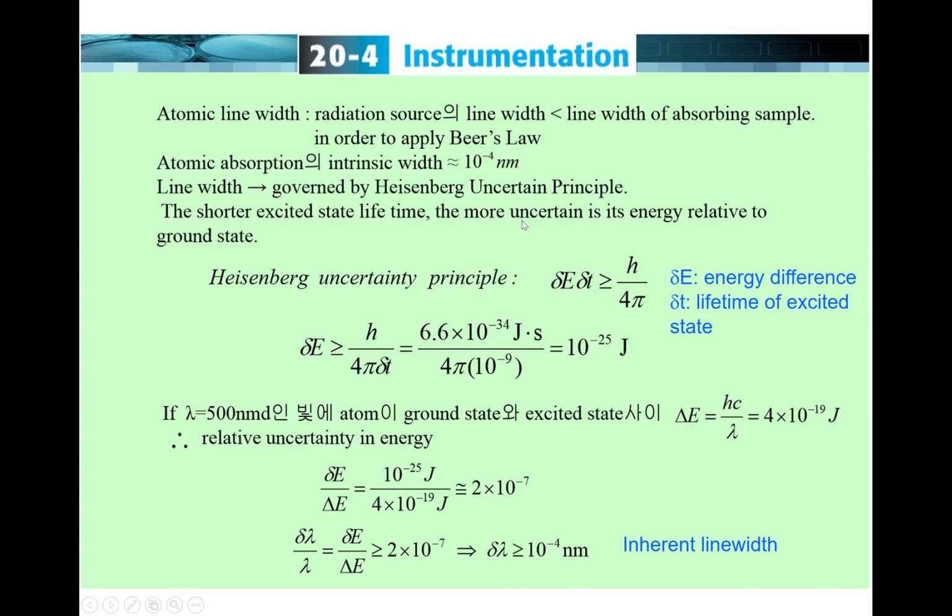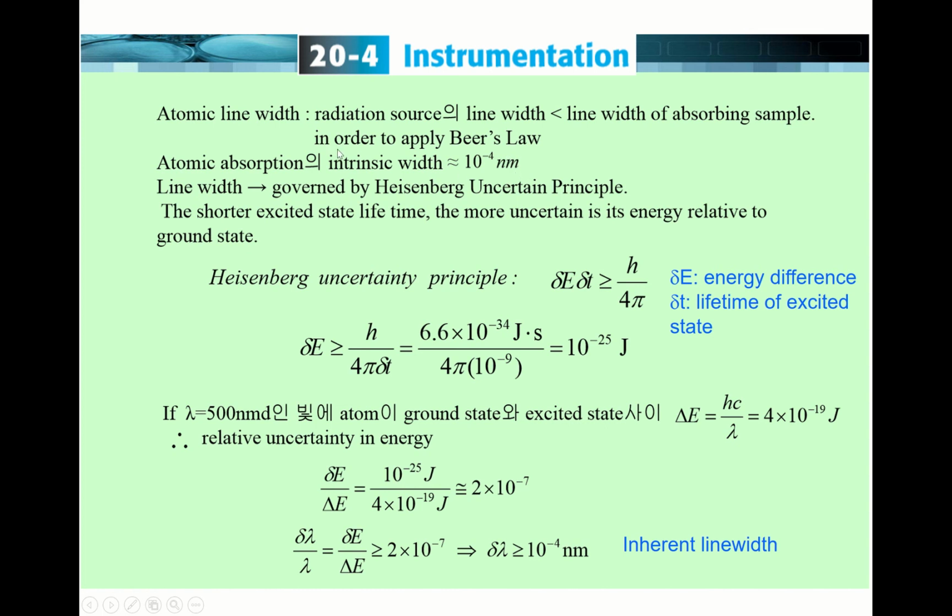Let's keep going. Let's now consider the line width of the emission line. The line width of the radiation source must be smaller than the line width of the absorbing sample in order to apply Beer's law. Otherwise, Beer's law cannot be applied.